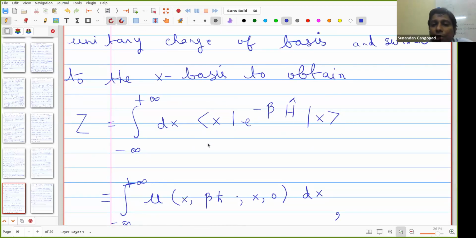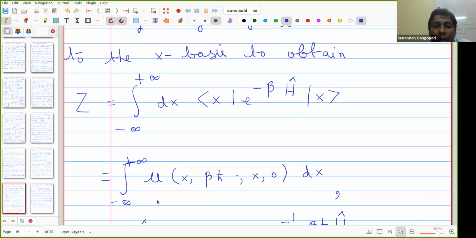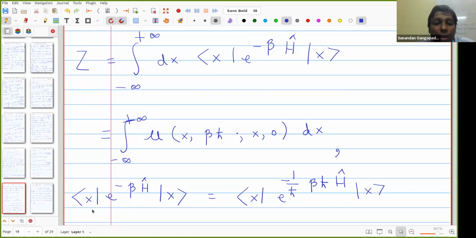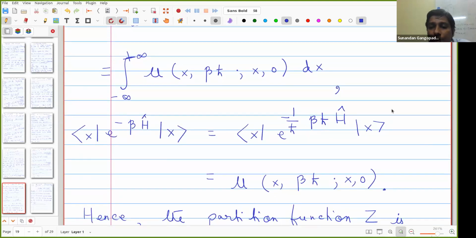We already know what this thing is. You can straight away write it down in the Heisenberg representation, and this function is nothing but the time evolution function, in this case from the initial time 0 to a time which is beta h bar. You can easily figure out why this is beta h bar, because this particular object that appears here, you can write as e to the power of minus 1 by h bar times beta h bar times the Hamiltonian operator, sandwiched between <x| and |x>.